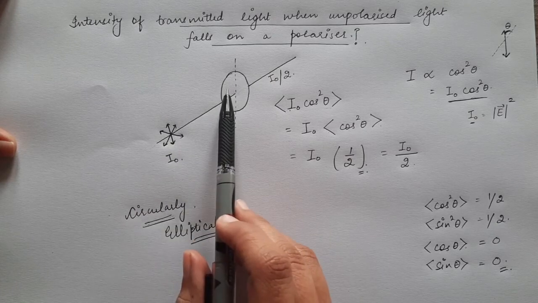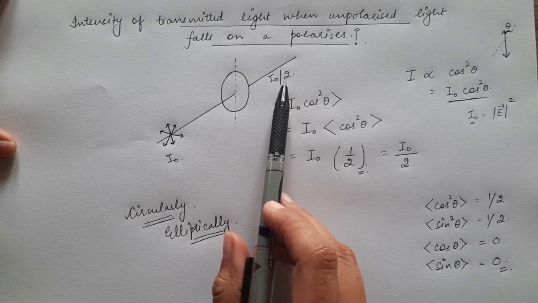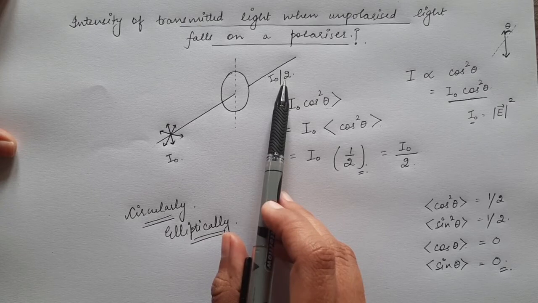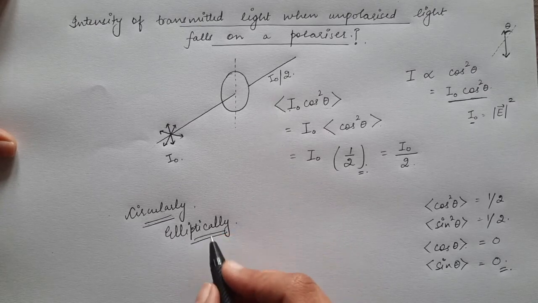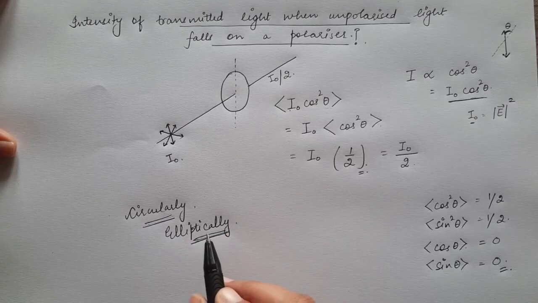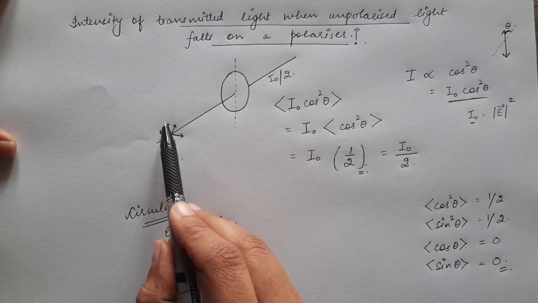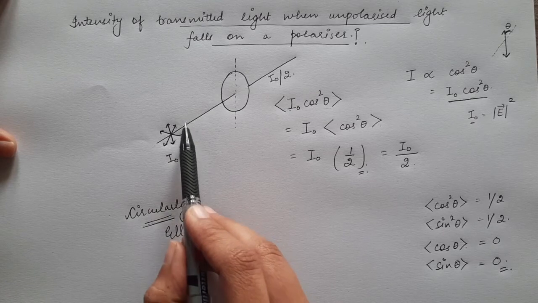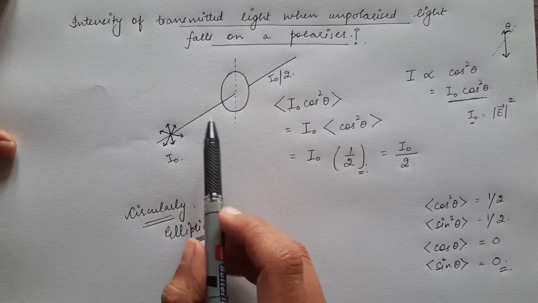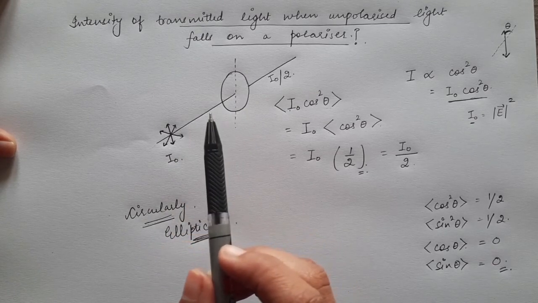So in that case also the intensity of the transmitted light will be equal to I0 divided by 2, and this same case is valid for elliptically polarized light also, because the tip of the resultant electric field rotates in the form of an ellipse. So the angle theta is also not fixed in that case.